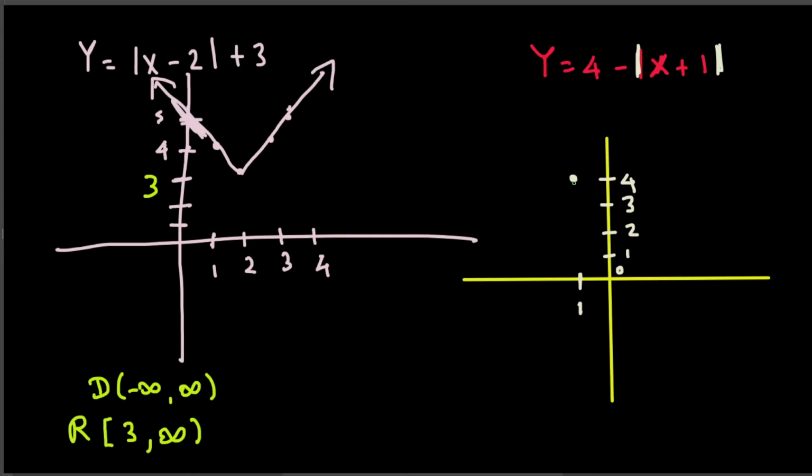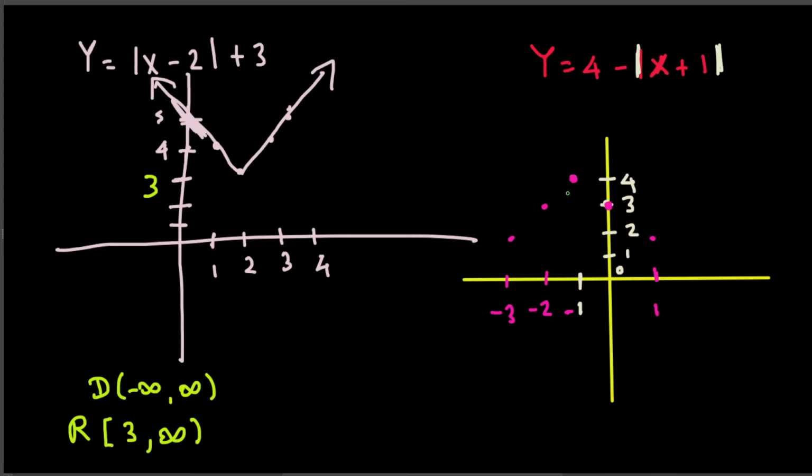So we are going to have values like, if it's negative 1, it's 4, then if it's 0, it's going to be 1 unit down, so it's going to be 3 at 0. Let's use a different color. So it's 4, and then 1 unit down is 3, and this is negative 1, negative 2 also is going to be 3 as well, and when it's negative 3, it's going to be 2, and when it's 1 right here, it's going to be 2 right here.